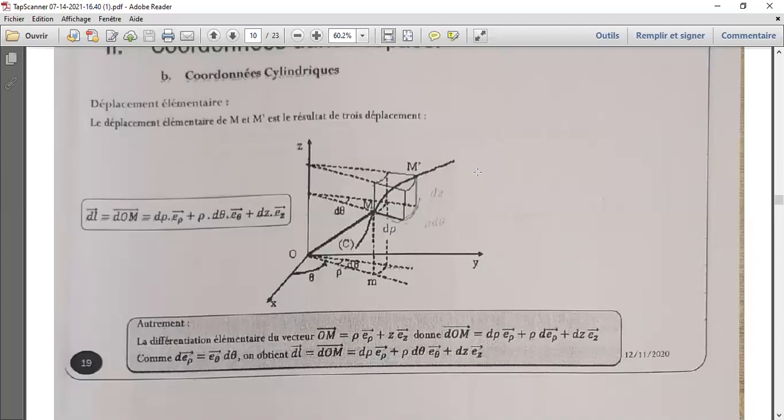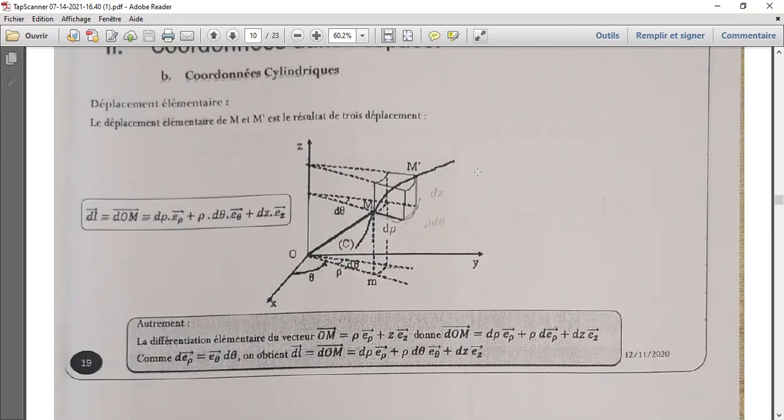So under cylindrical coordinates, you see that for you to find the displacement, you have this formula. If you see on the right side, you have the formula which is d rho plus rho d theta plus dz. And I think you know how we found this. For you to move from point M to point M prime, first of all, just observe the diagram.